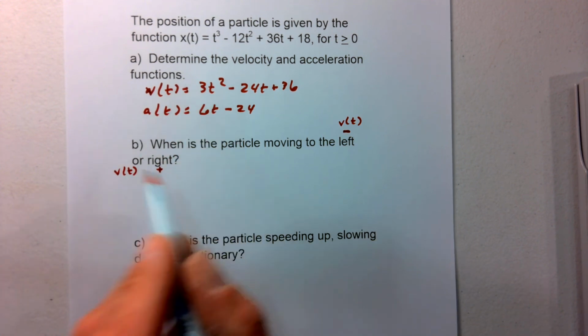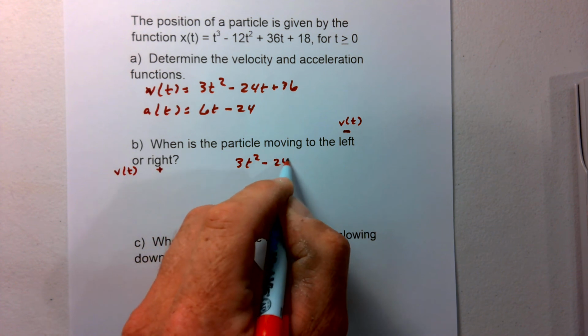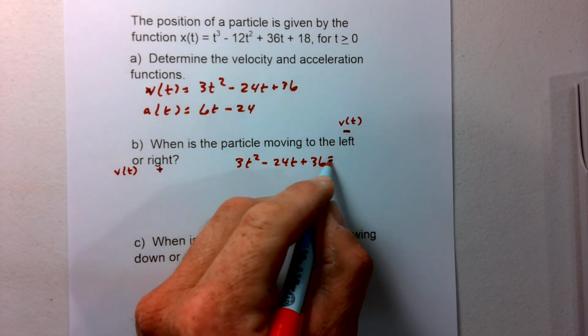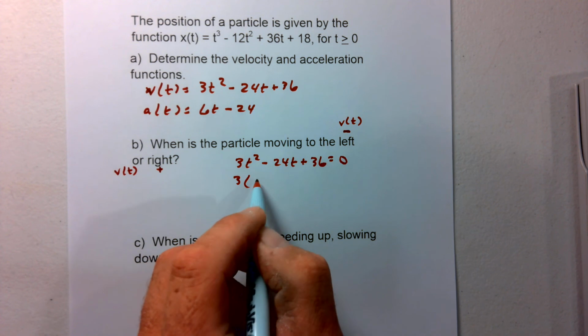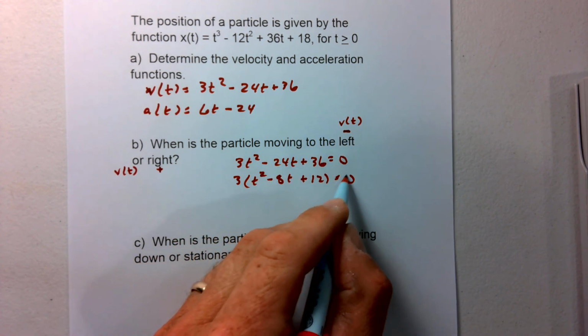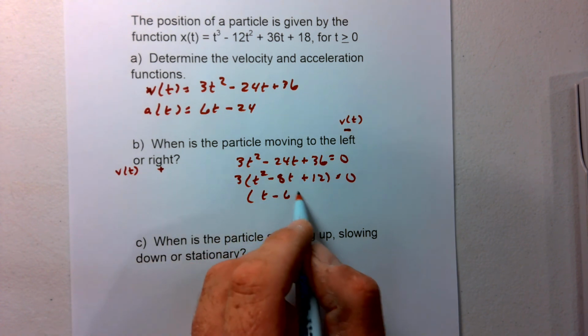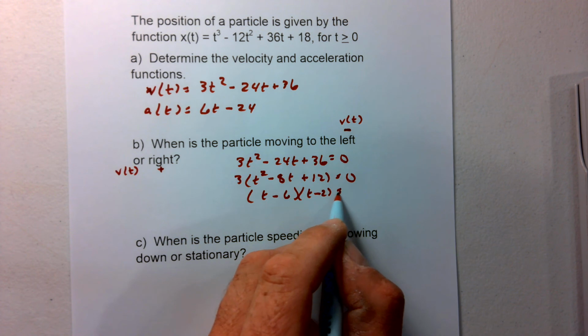So we're going to take that v of t and set it equal to 0 to start. So we're going to take 3t squared minus 24t plus 36, setting equal to 0, we can go ahead and factor out a 3, and factor out what we've got left there. T minus 6, t minus 2 equals 0.